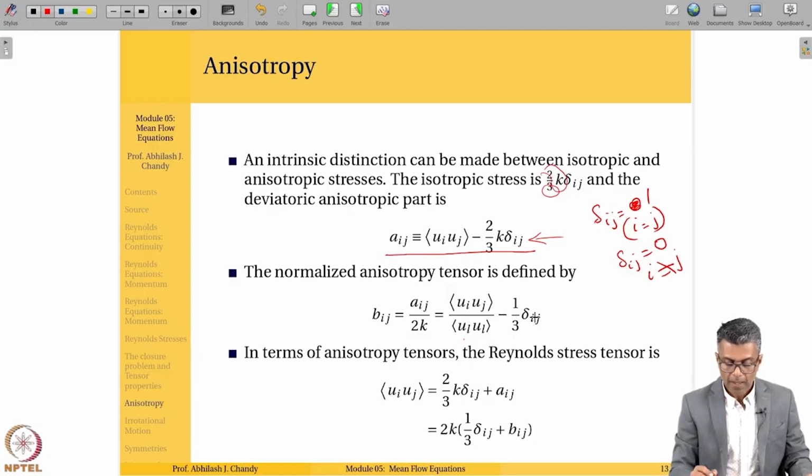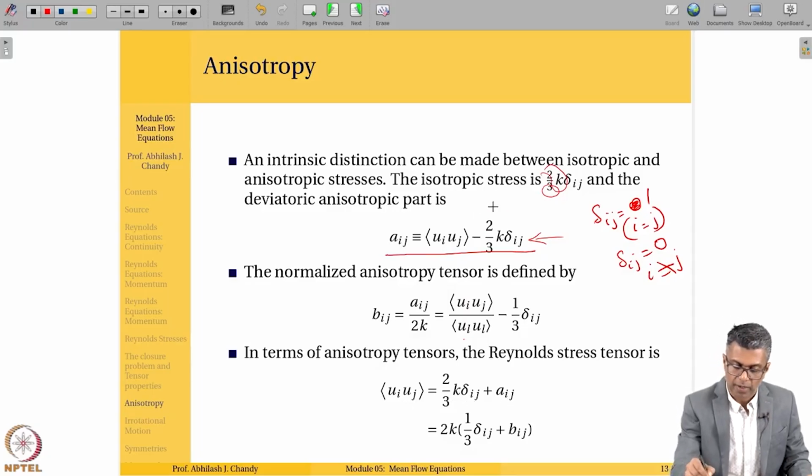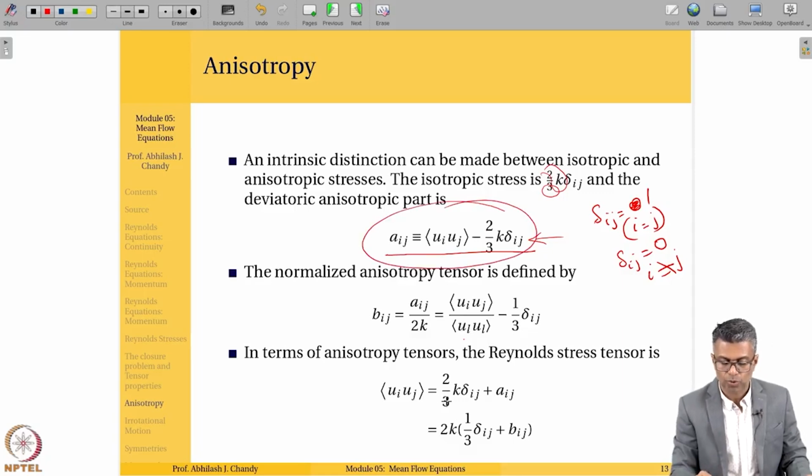And then I can write the UIUJ as 2/3 K delta Ij plus Aij. That is coming from here directly. So UIUJ is 2/3 K delta Ij plus Aij.